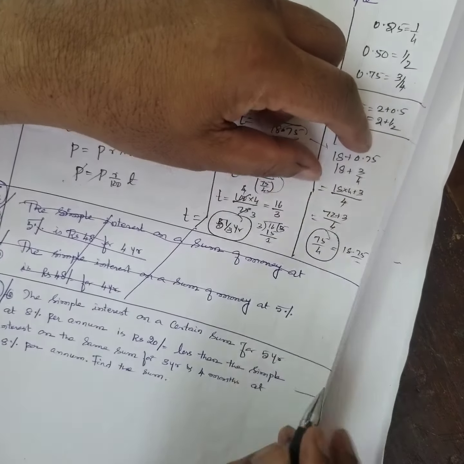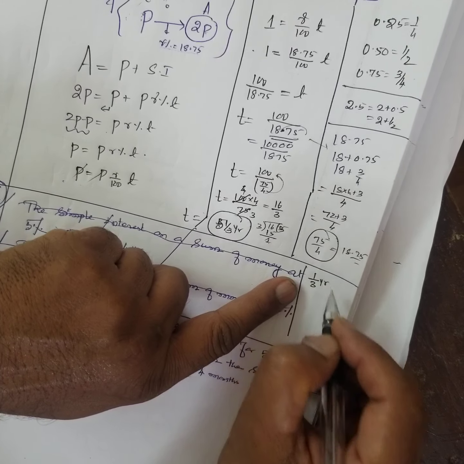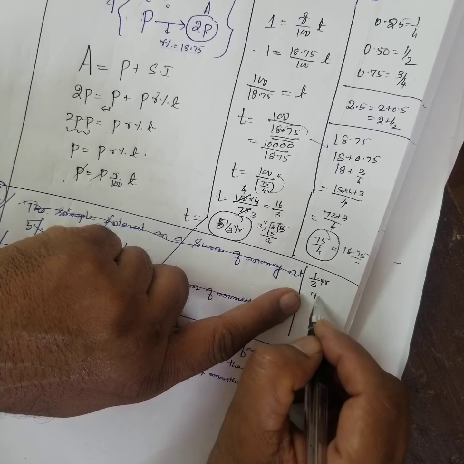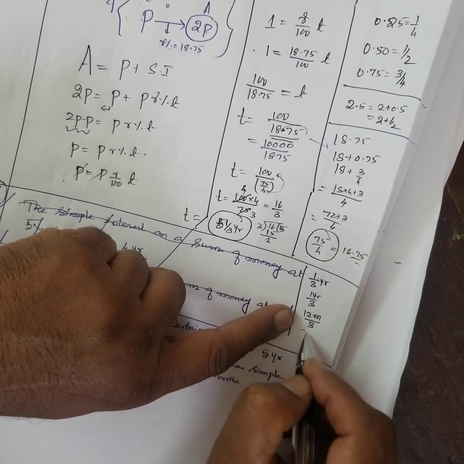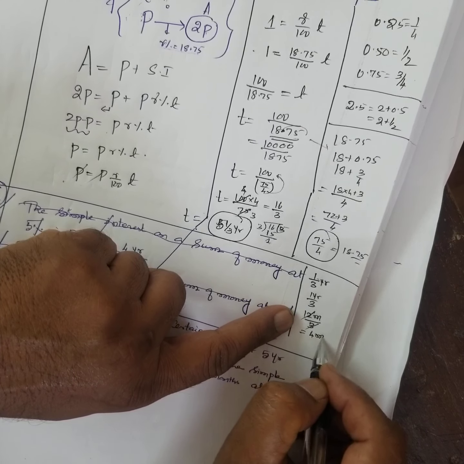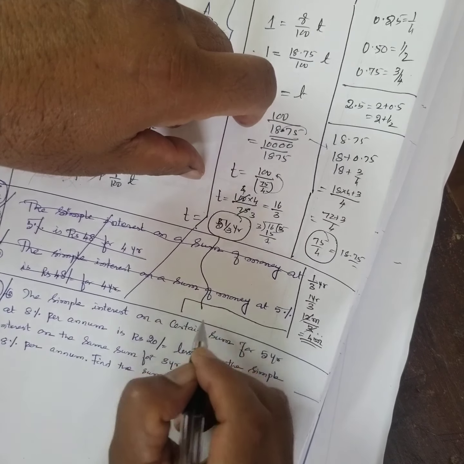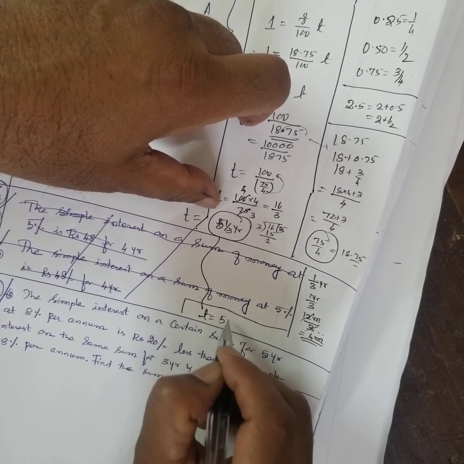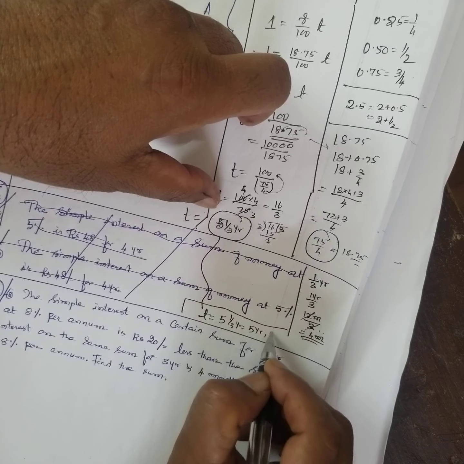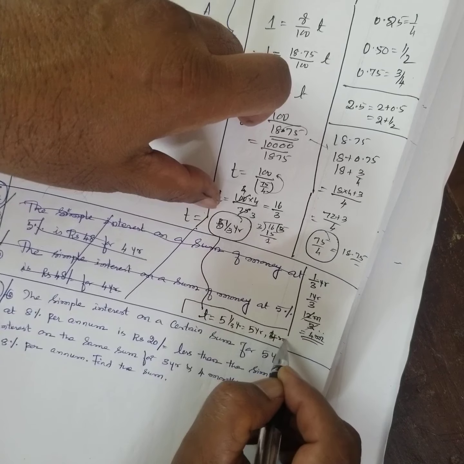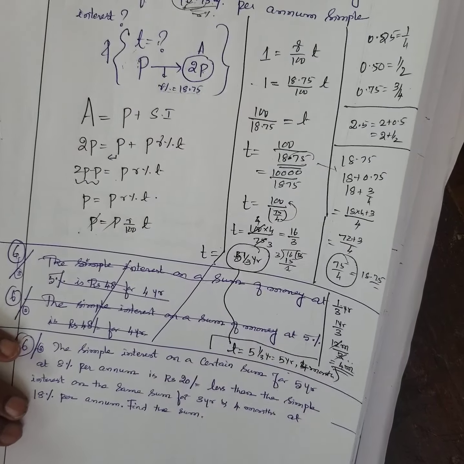What is 1 by 3 here? 1 by 3 year. 1 year is 12 months divided by 3, that means 4 months. So T is equal to 5 1 by 3 years, which means 5 years and 4 months. Therefore, what answer do you have to write?